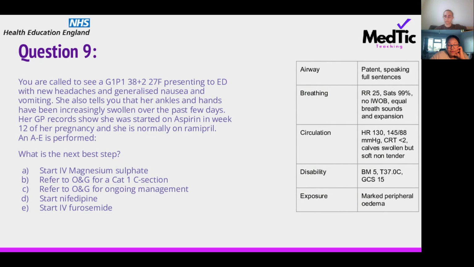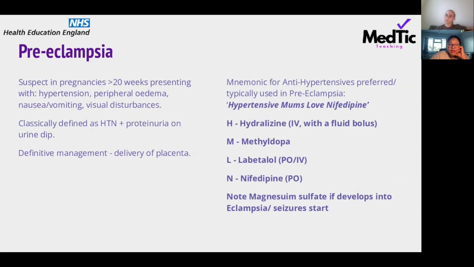Okay, so there's a lot of information on the slide, but we can talk through it. In this scenario, the correct answer is D. In terms of what this woman was experiencing, it was preeclampsia.